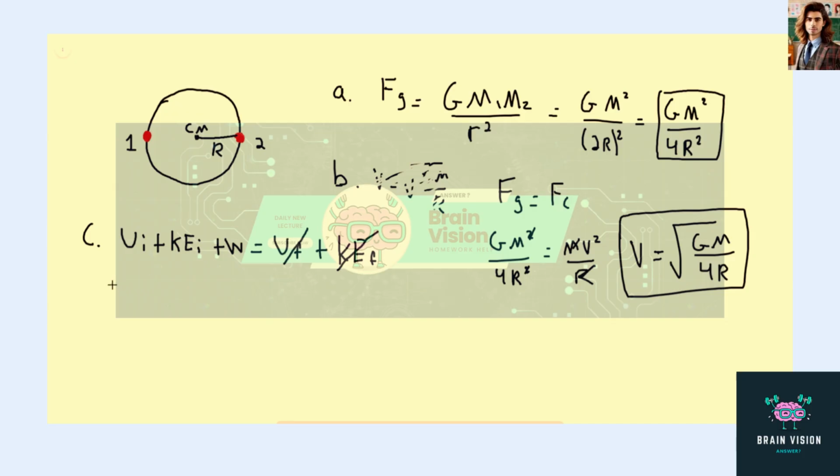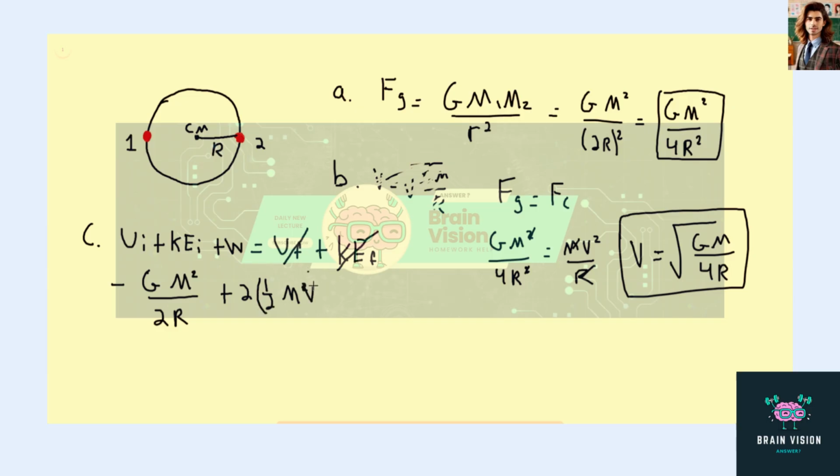We say our initial potential energy is negative G, m squared, so m1 times m2, and then over r, but r the separation between the two. So that would be 2r. And then we have the initial kinetic energy, so plus 1/2 mv squared for a given star, but we have two stars, so we got a 2 there.